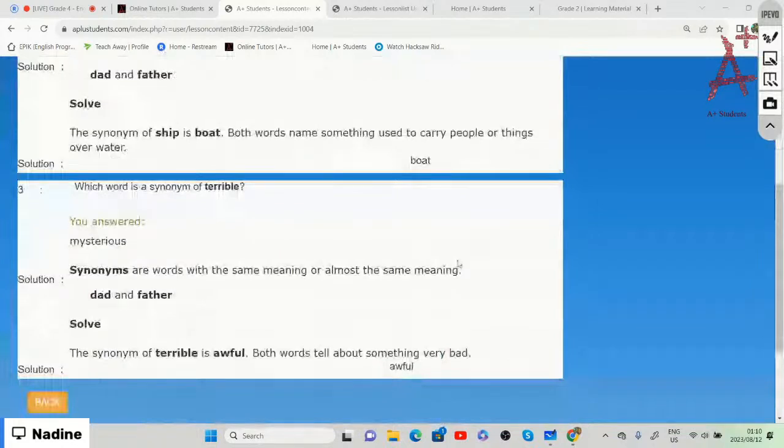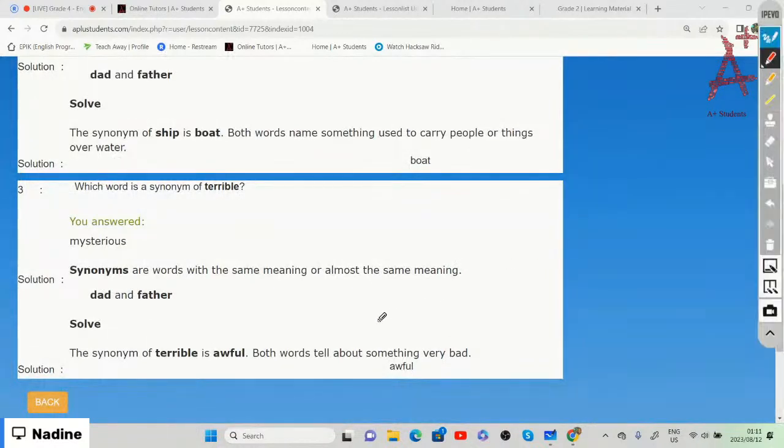Which word is a synonym of terrible? We can say something is terrible, or we can say something is awful.